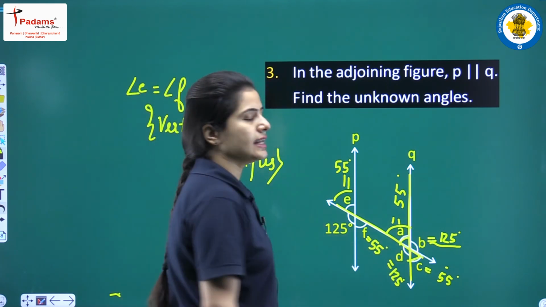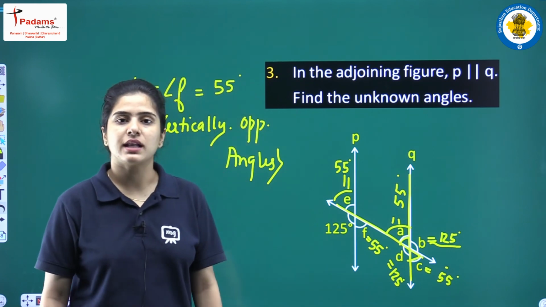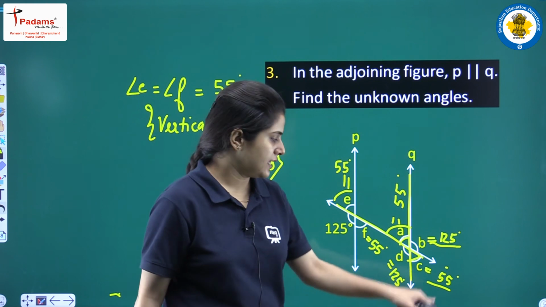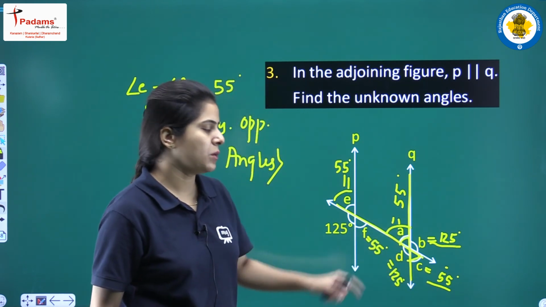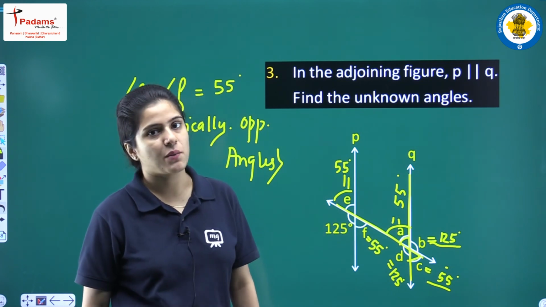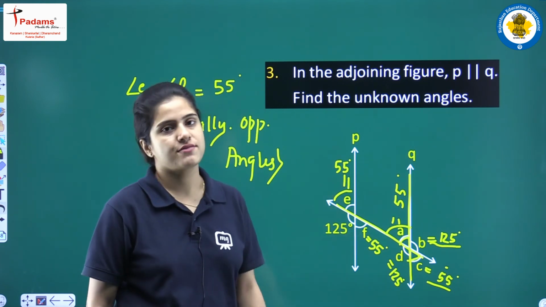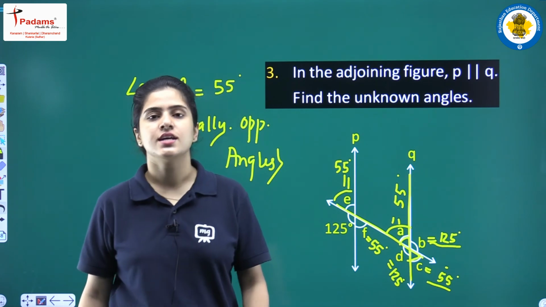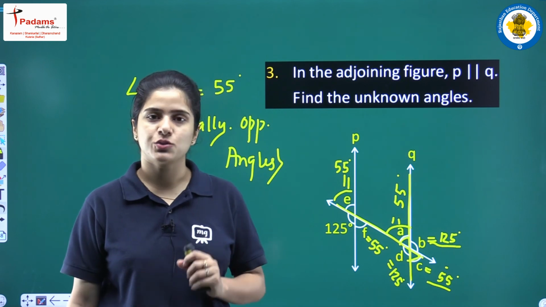B और C लीनियर पेयर बना रहे हैं, तो C की वैल्यू क्या आ गई स्टूडेंट्स, 55 डिग्री. ये दोनों एंगल्स वर्टिकली ऑपोजिट एंगल्स होंगे, तो ये इक्वल हुए. अब ये दोनों कॉरेस्पॉन्डिंग एंगल्स होंगे, इसलिए इक्वल हुए. अब ये भी 55 डिग्री आ गया, तो ये एंगल E और F इक्वल बिकॉज ऑफ बीइंग वर्टिकली ऑपोजिट एंगल्स.